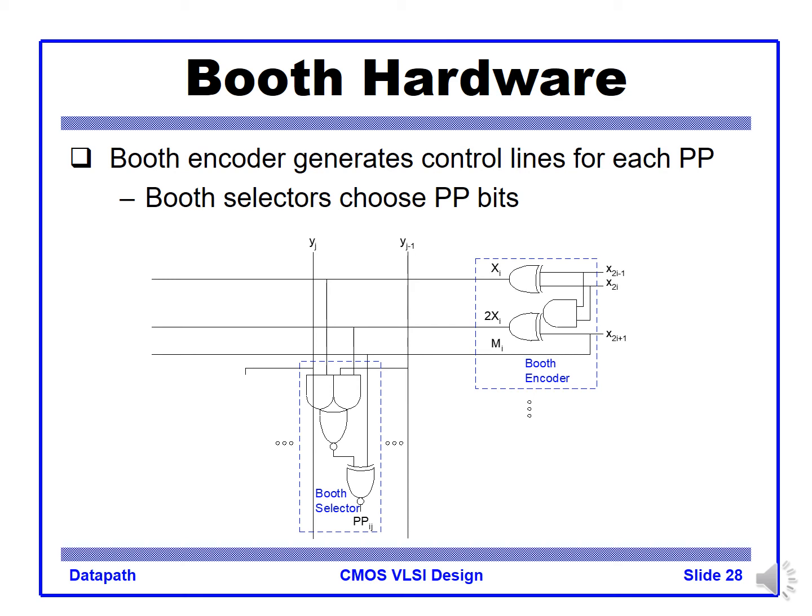For the Booth encoder, we take the 3 bits and generate x, 2x, and a minus sign. Depending on these 3 bits, we generate the partial product by decoding this x, 2x, and m. If x is selected, then y goes directly through, and if 2x is selected, then the bit is shifted to the left to implement 2 times y here.